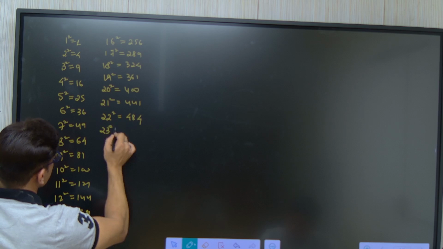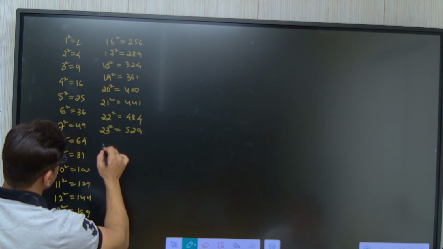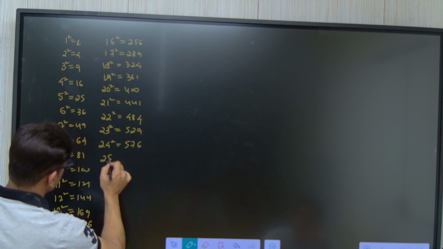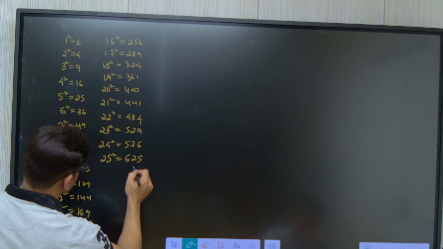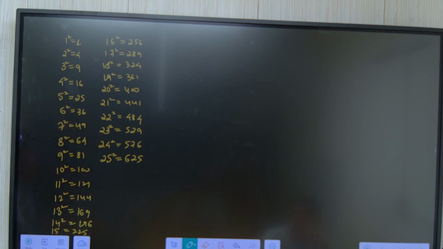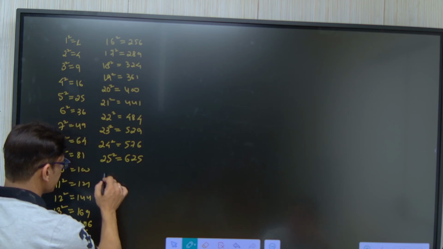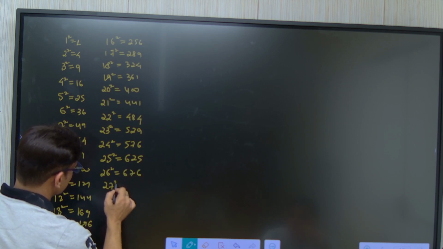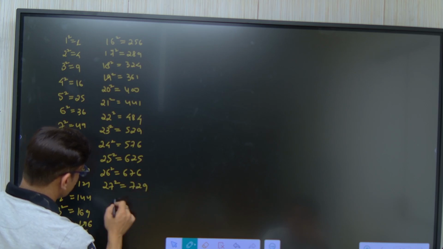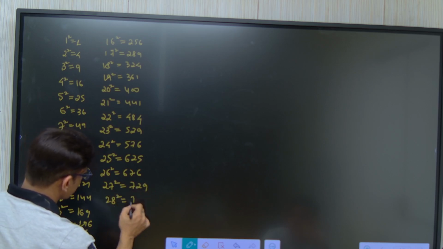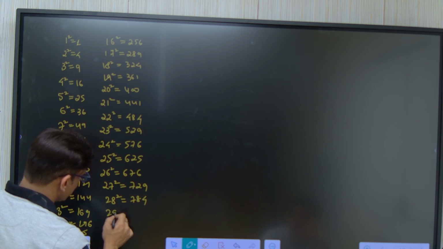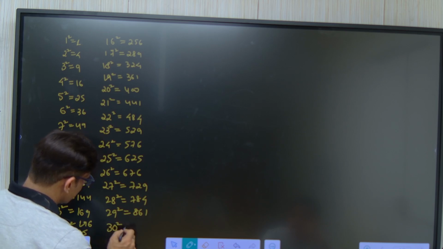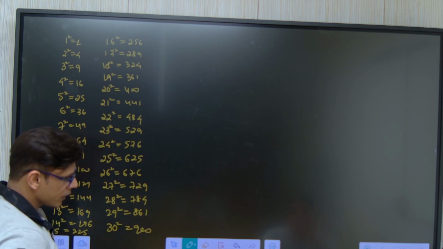23 square? 529. 24 square? 576. 25 square? 625. 26 square? 676. 27 square? 729. 28 square? 784. 29 square? 841. 30 square? 900.